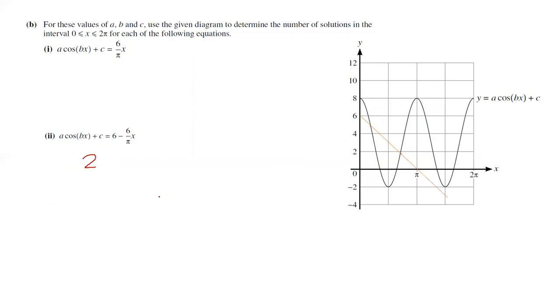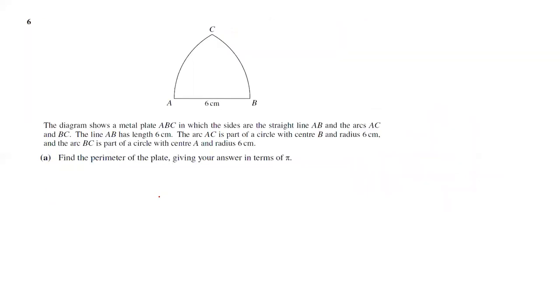Yeah. Next, number 6. The diagram shows a metal plate ABC in which the sides are the straight line AB and the arcs AC and BC. The line AB has length 6 centimeters. The arc AC is part of a circle with center B and radius 6 centimeters.